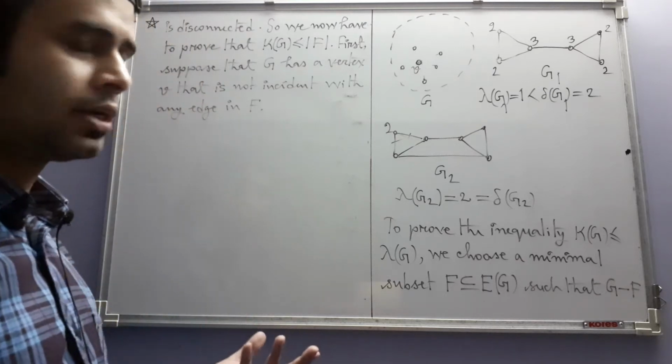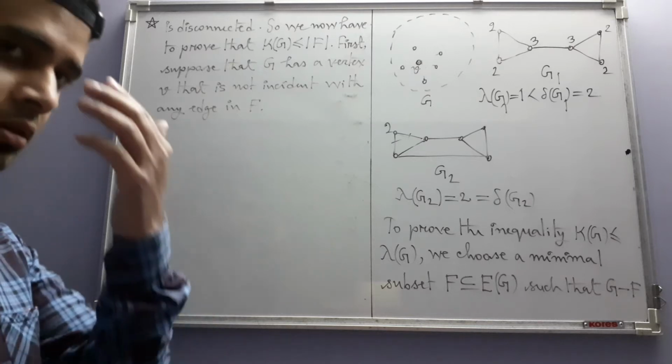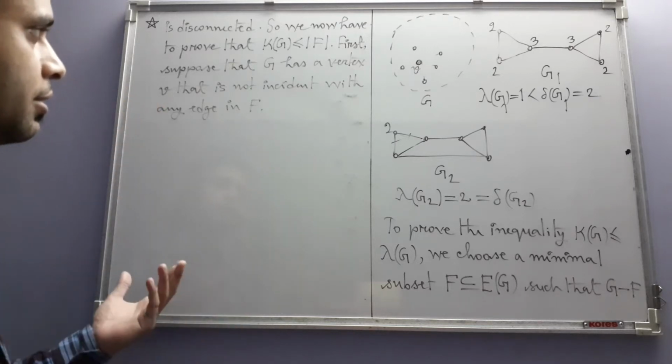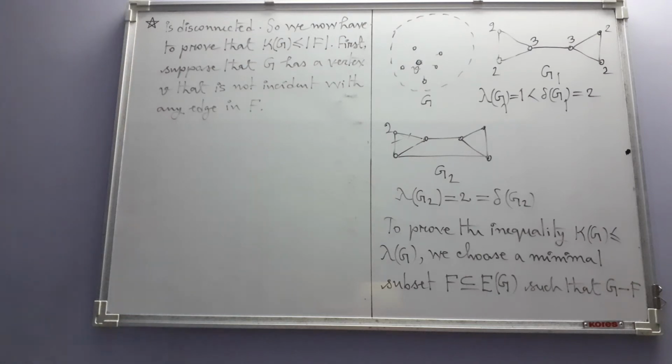We have to consider both the cases. This is the case where there is a vertex in G that is not incident with any edge in F.